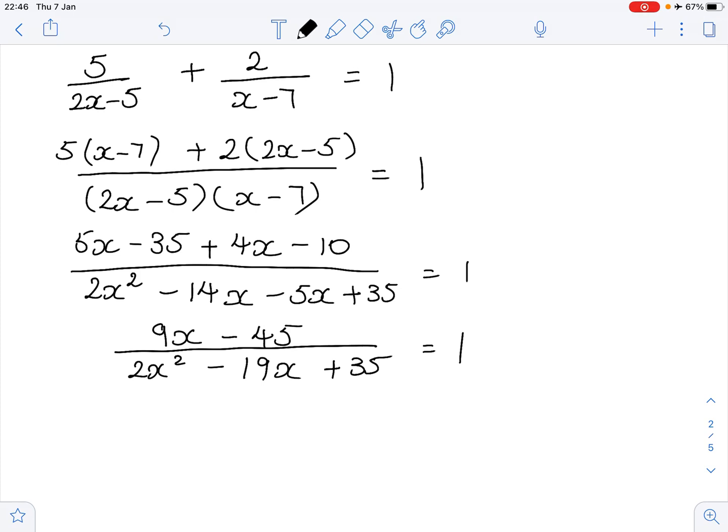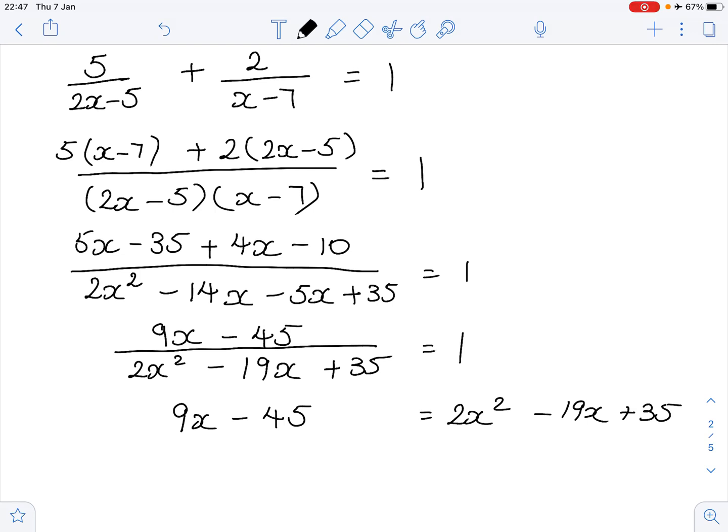Similarly to before, we are going to multiply by the denominator on both sides. So we have 9x minus 45 equals 1 multiplied by the whole denominator, so we get the same, 2x squared minus 19x plus 35.